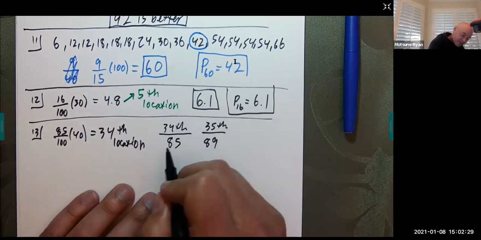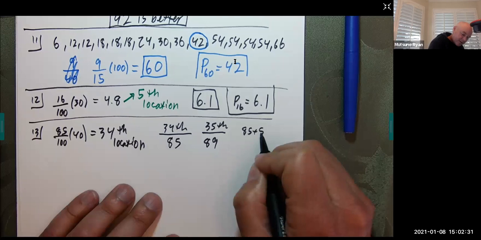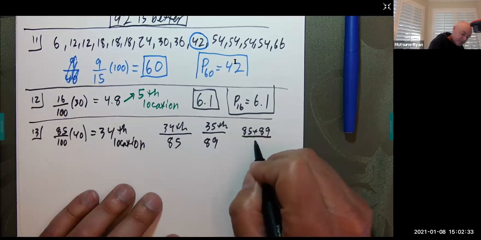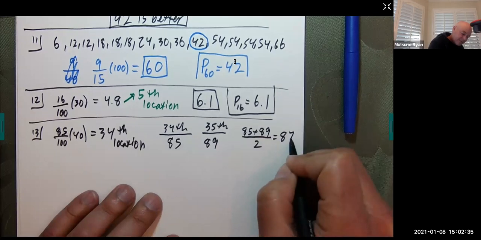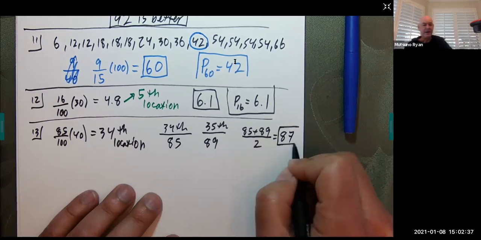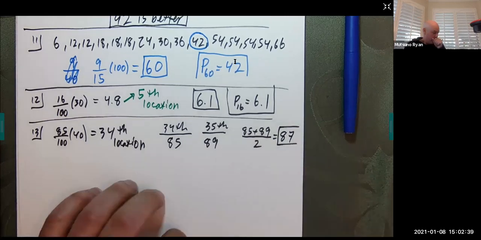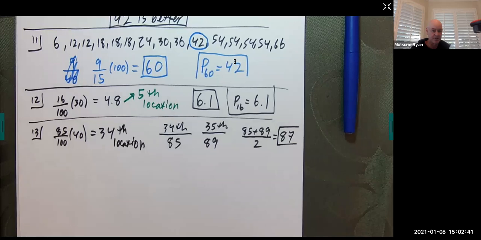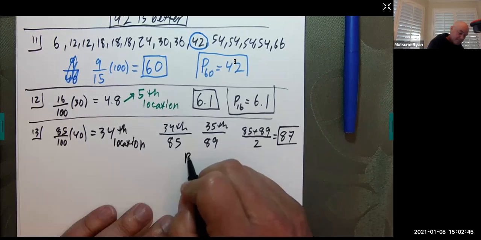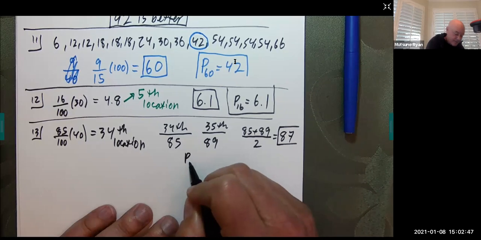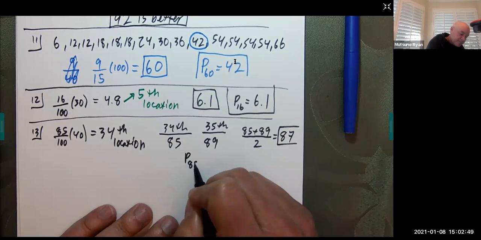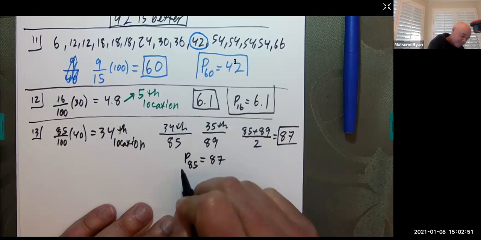So 85 plus 89 divided by 2 is 87. Even though 87 is not a piece of data in our particular set here, we say that P sub 85 in this data set is 87.